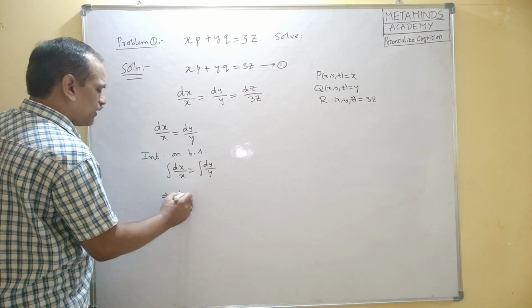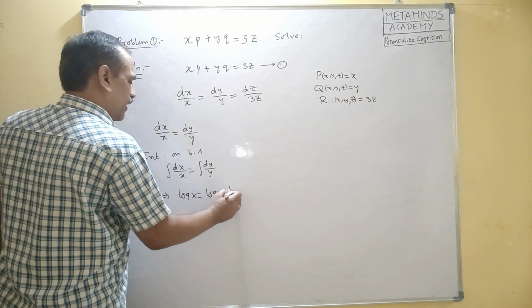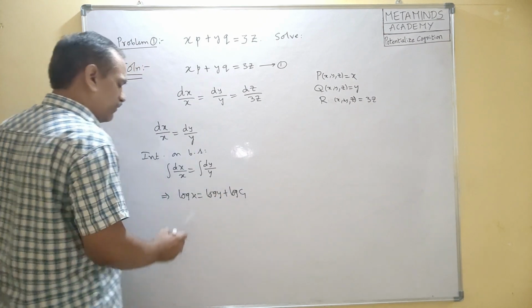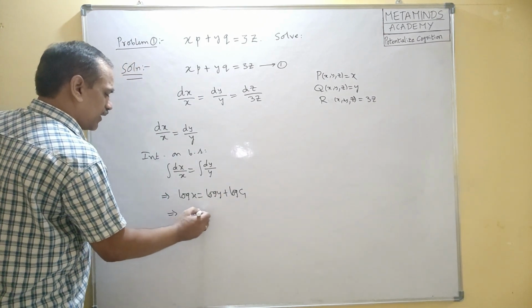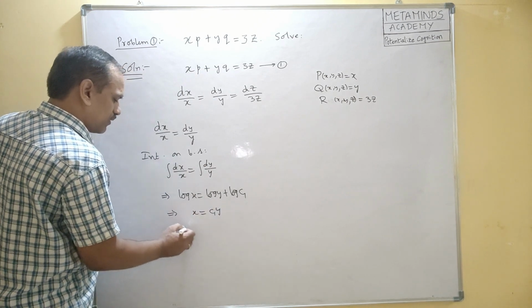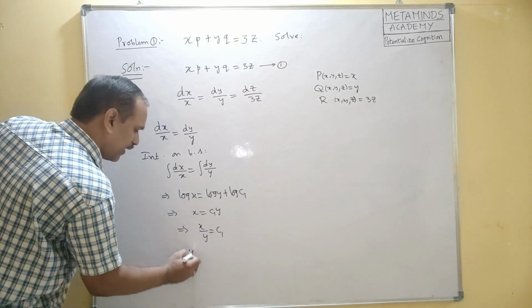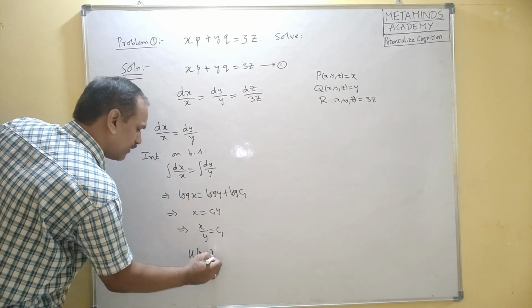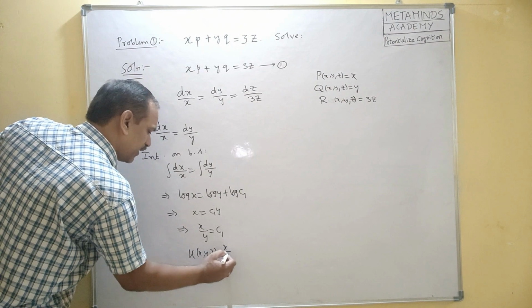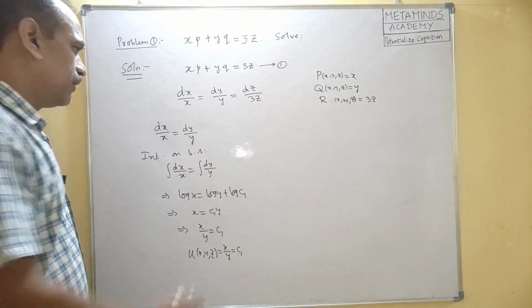Here integration is log x, here you have log y, and you write log c1. So you can write it as x equal to c1 y, or x by y equal to c1. Here u of x, y, z is x by y equal to c1.